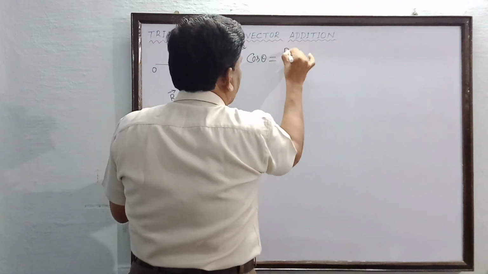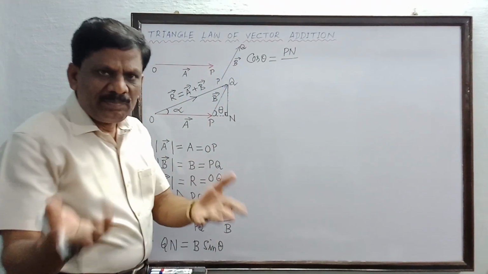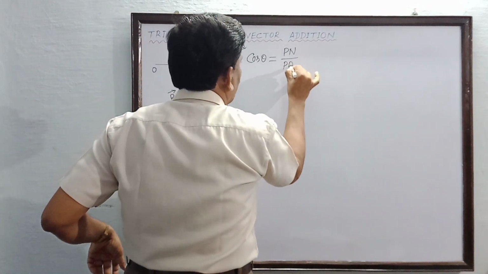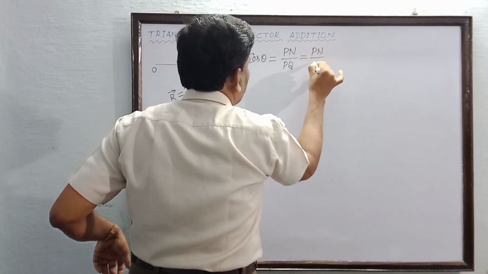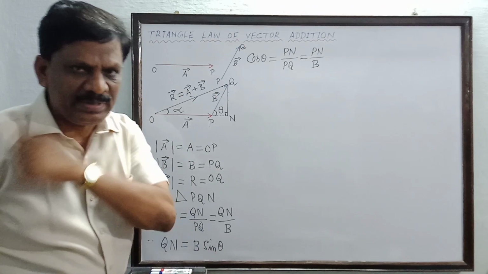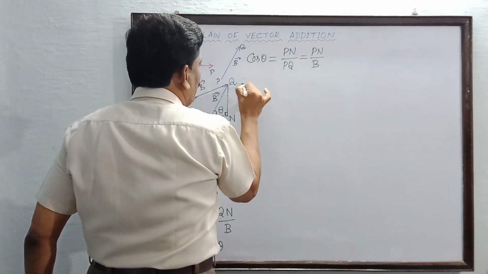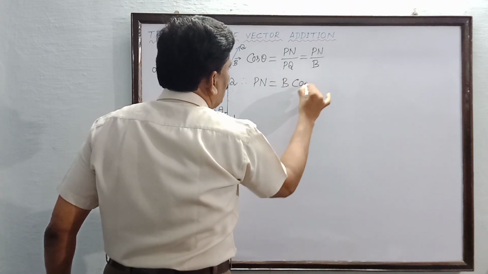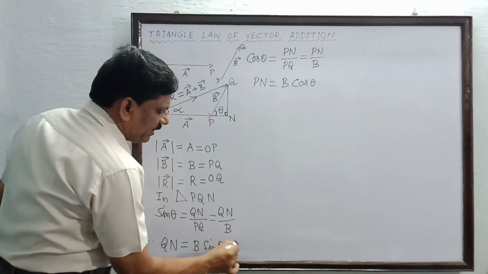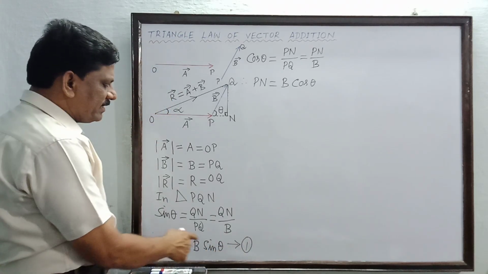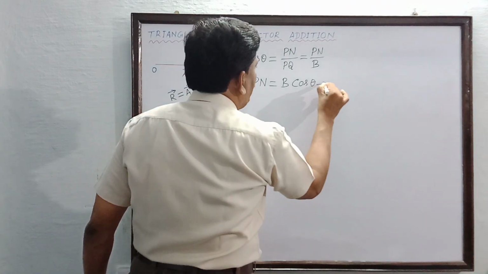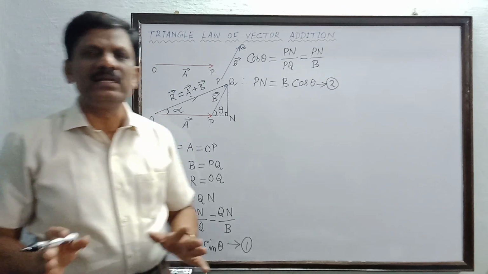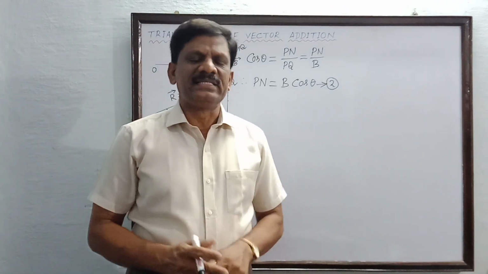So I will write here in the numerator PN divided by the hypotenuse, the length of the side PQ, which is equal to the magnitude of the vector B. Therefore, PN is equal to B into cos of theta. So QN is equal to B sin theta is equation 1 and PN is equal to B cos theta is equation 2. These are all the introductory steps before we get the expression for the resultant vector.